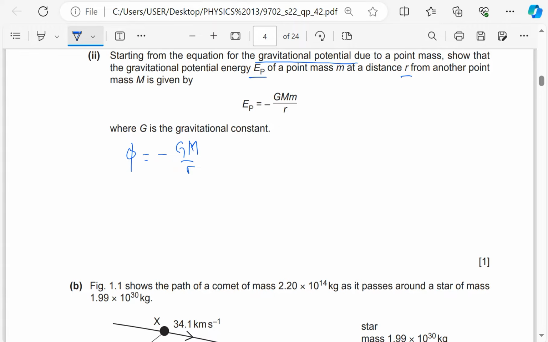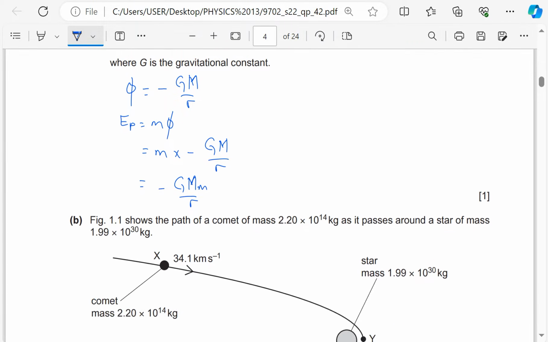So we know that gravitational potential energy is equal to the mass times the gravitational potential. So I'll just combine these two, mass times negative capital G capital M over R, which gives me negative capital G M small m over R, as simple as that.